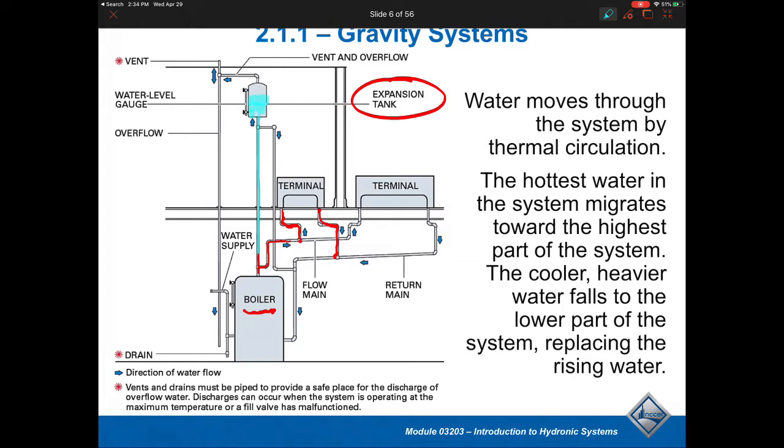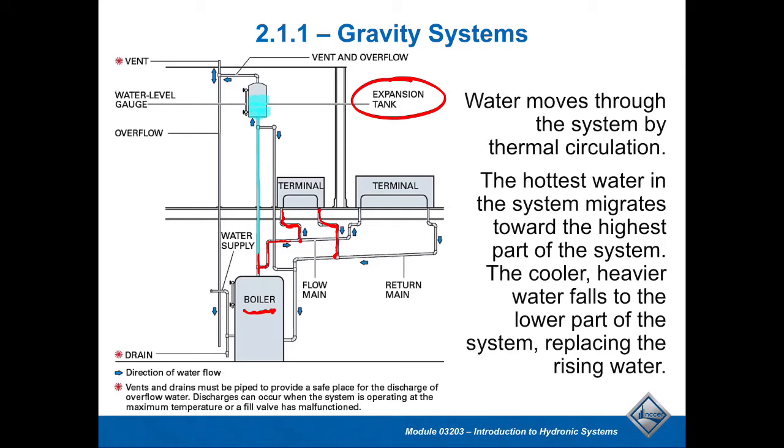So as that water expands, we're going to see the water level go a little bit more and a little bit more, and as the water cools down, it will obviously decrease the amount of water in that tank. So these are generally going to be certainly a less efficient type of system. Generally, most systems are not going to function in a manner like this.